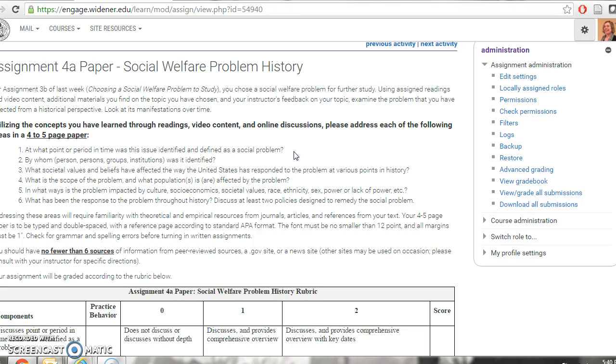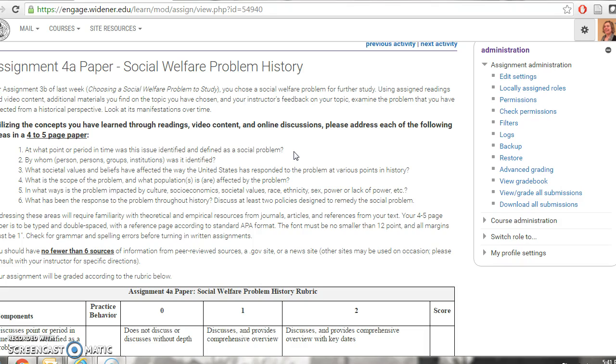It shouldn't be all news sites. So some peer-reviewed journals, maybe some websites. It will vary topic to topic, but it should not just be all web-based resources. Also, for this assignment, Wikipedia is not an acceptable source. This is a scholarly paper. It's an academic paper, so we need to be using either primary sources or academic journals for this particular paper.